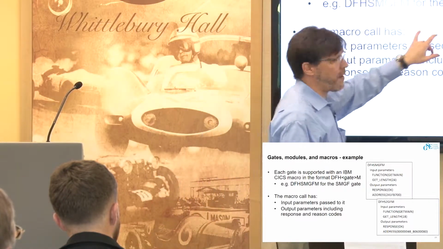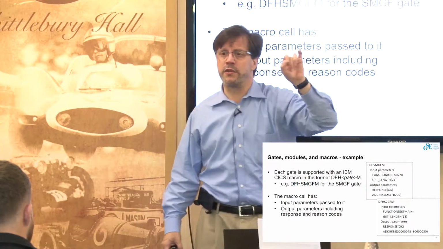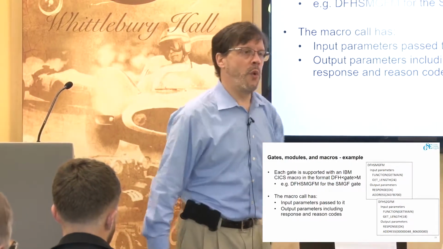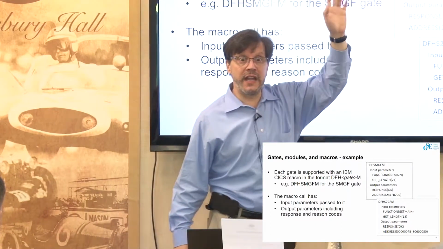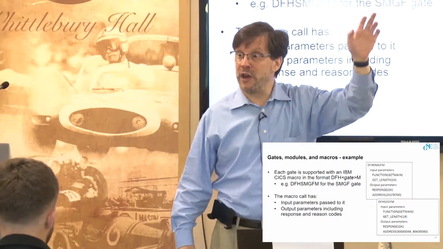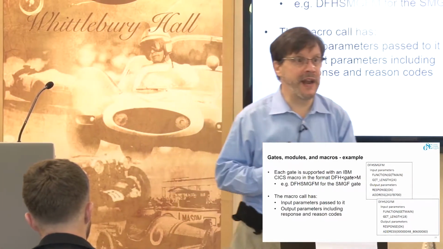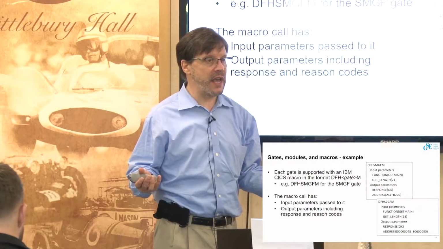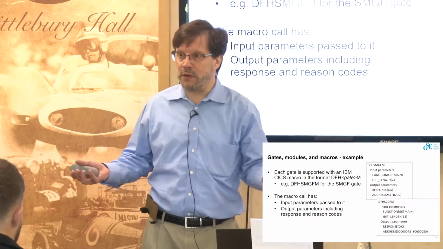Just to take it one step further, if you're really interested in internals, there are 2 other DFHSMGF thingies. One is called DFHSMGFY. If you've written any exits, you'd know that Y is a limited form of the M macro. If you're writing an exit, you can't always do the EXEC CICS commands in an exit. You don't have access to the EXEC API. But you need a piece of storage, what do you do?